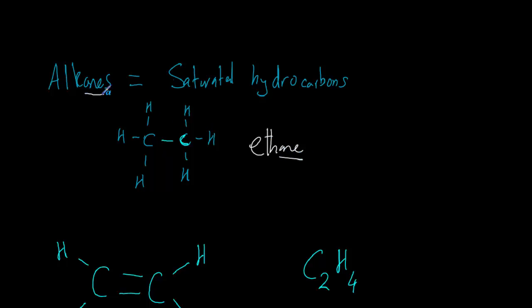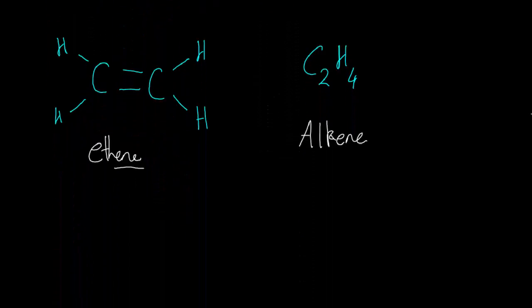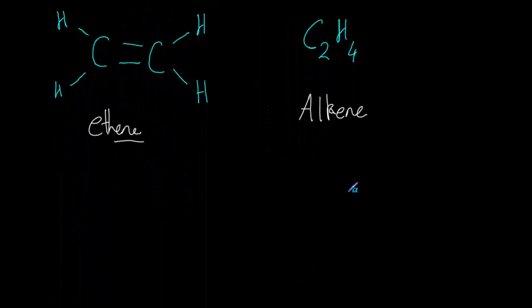So the ending dictates how we pronounce the compound and tells us whether it's an alkane or an alkene. If I said to you that I had pentene, you would know immediately that it is an alkene because it ends in ene. If I had pentane, you would know immediately that that molecule is an alkane.